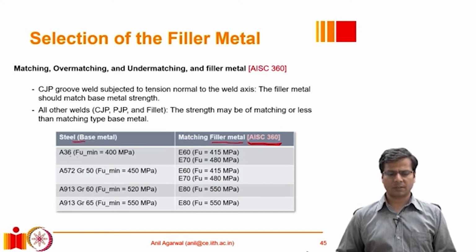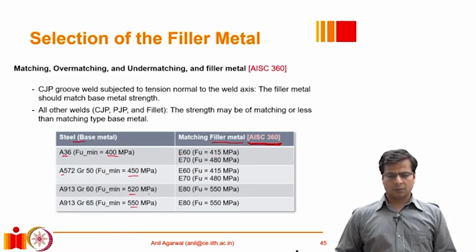So this is from the American standard. This A stands for ASTM codes, and there are different strength materials, 400 MPa ultimate strength, 450, 520, and so on. And for them, certain types of electrodes, these are the designations of electrodes which are prevalent in the US. So E60 is a filler material electrode which has an ultimate stress of 415 MPa. Likewise, E70 has an ultimate stress of 480 MPa.